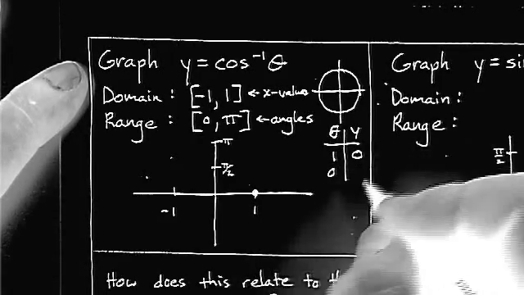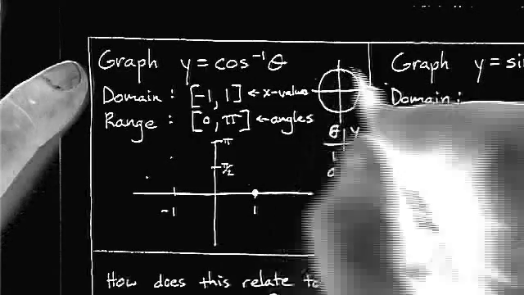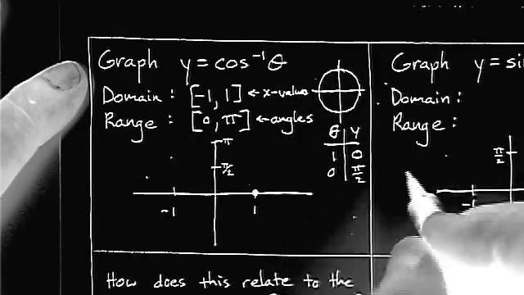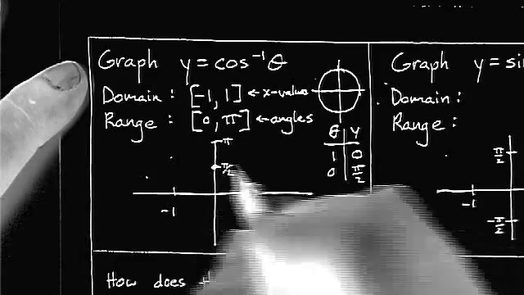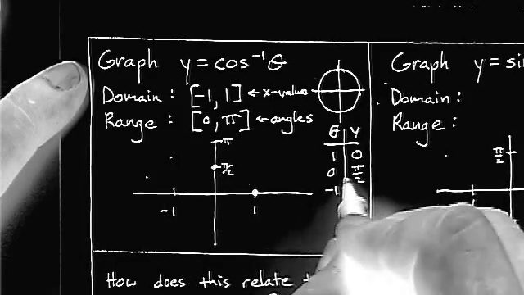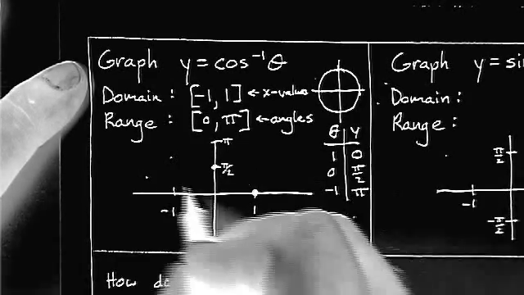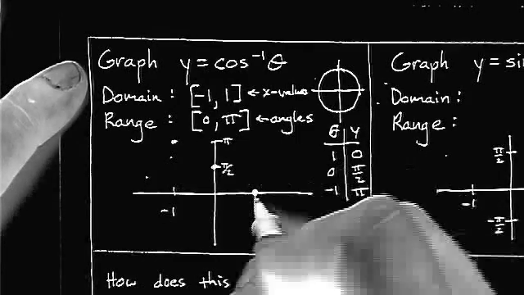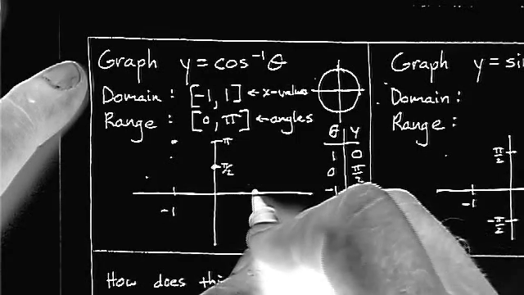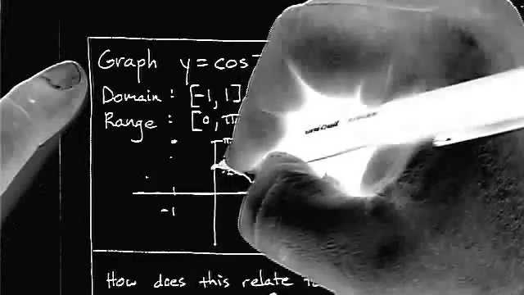The x value 0 gives me pi over 2. And the x value -1 is giving me pi. So we're looking at a shape that does something like this.